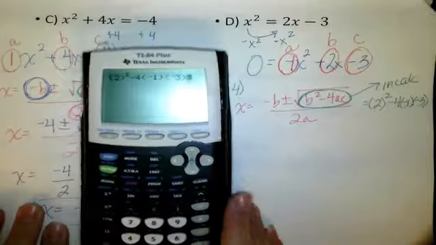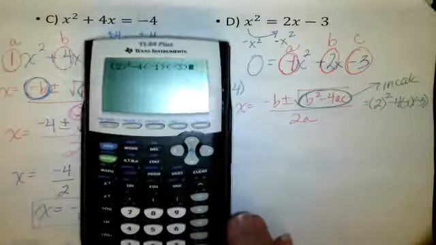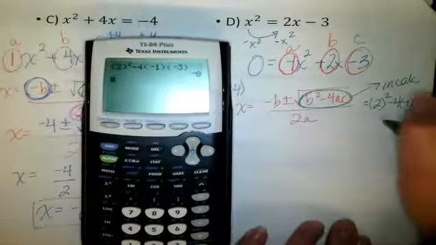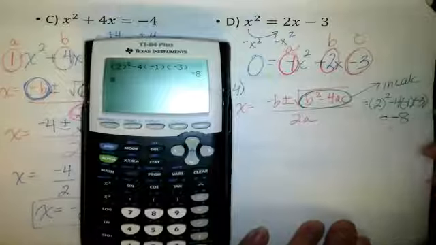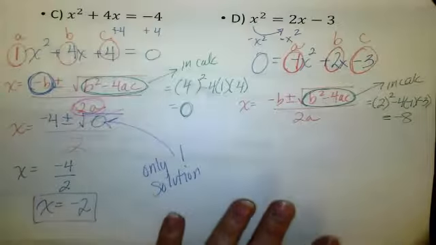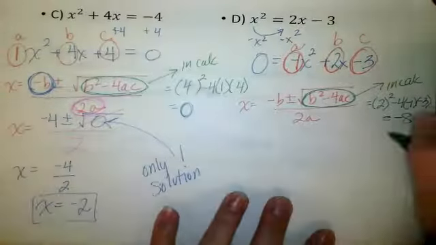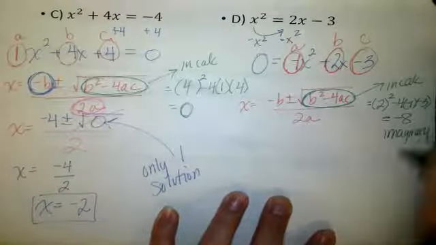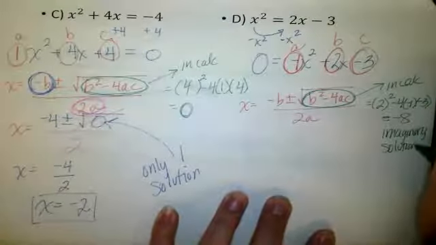So plugging that in your calculator, lots of parentheses. What do you get? -8. Very good. What happens when you have a negative under a radical? Imaginary solutions. When our discriminant is negative, we're going to get imaginary solutions.